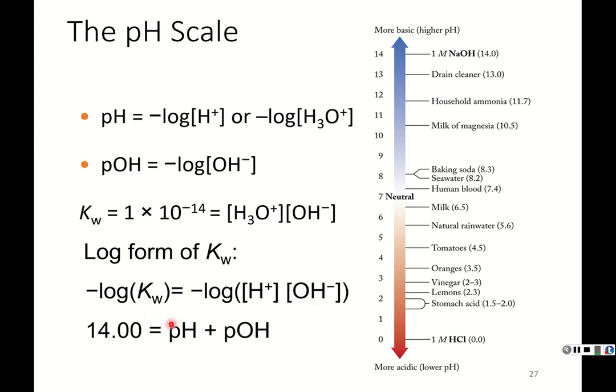So pH plus pOH has to equal 14. This is another good relationship to remember. You can remember it in the Kw form, or the pKw form, which is maybe a little bit easier to deal with: pH plus pOH equals 14.